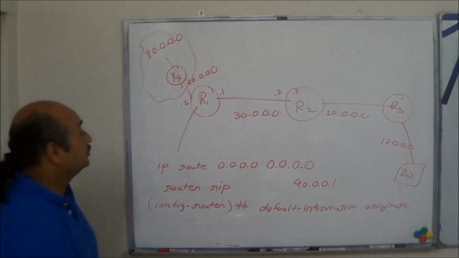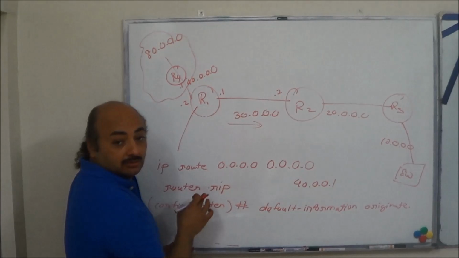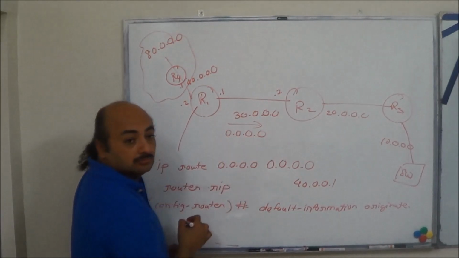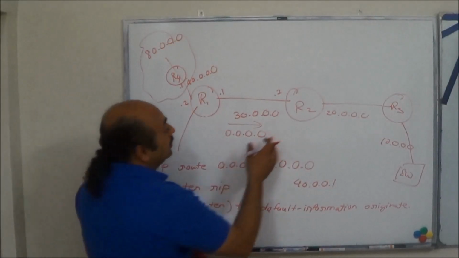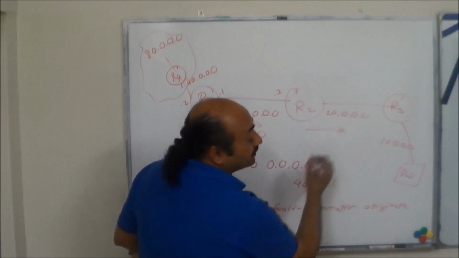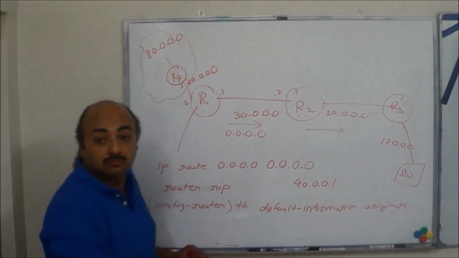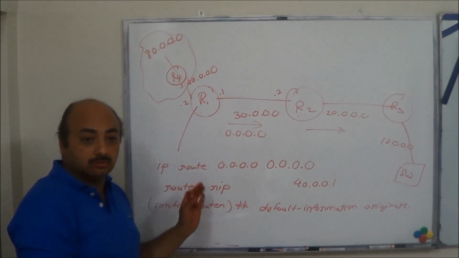So what this will do is, just like it was advertising the 30 network here, it will start advertising this default network also on this side. Similarly, this will advertise this one. So all will have a default route pointing towards that direction. So this is useful.